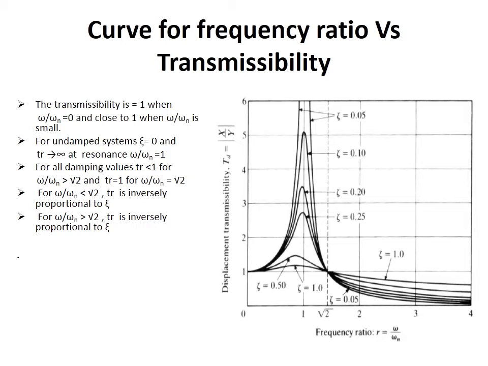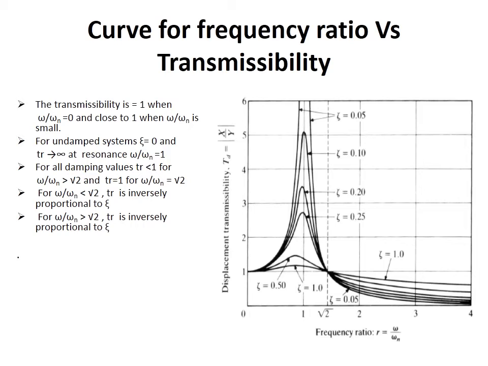The curve for transmissibility ratio and frequency ratio is shown in this picture. We can see that root 2 is one condition. At omega by omega n equal to root 2, the curves merge and the transmissibility ratio is 1.